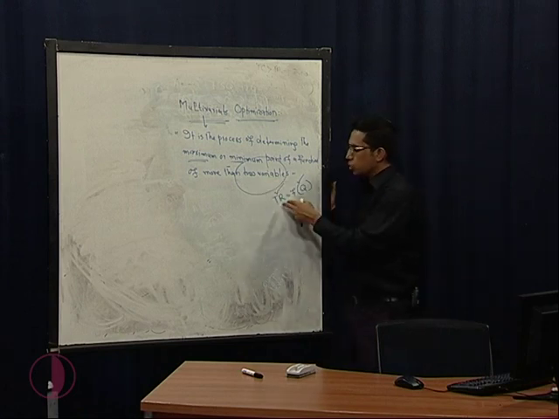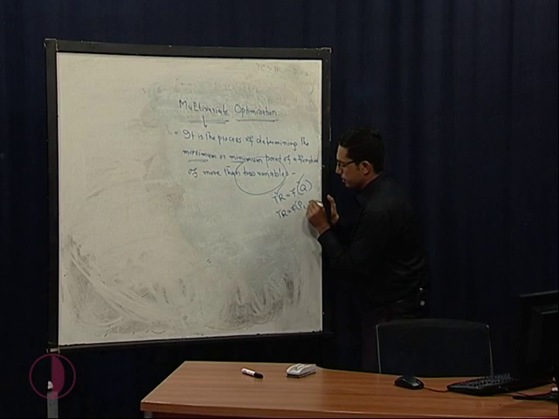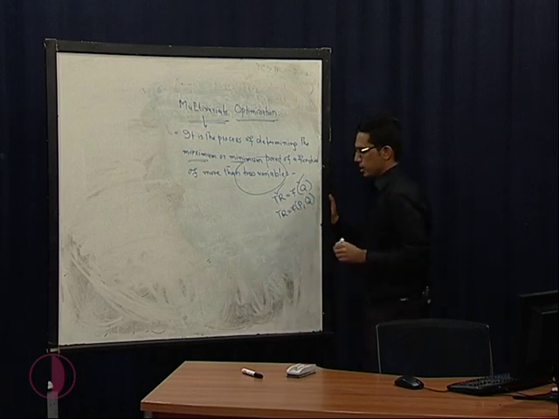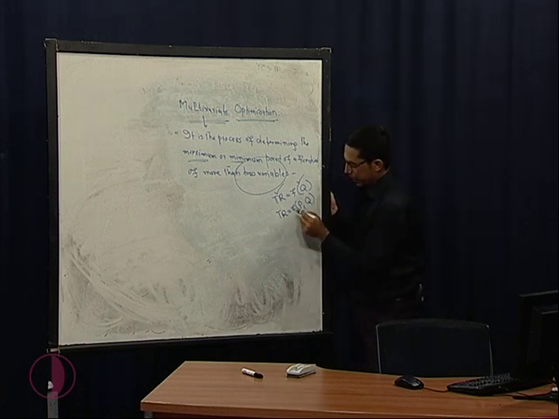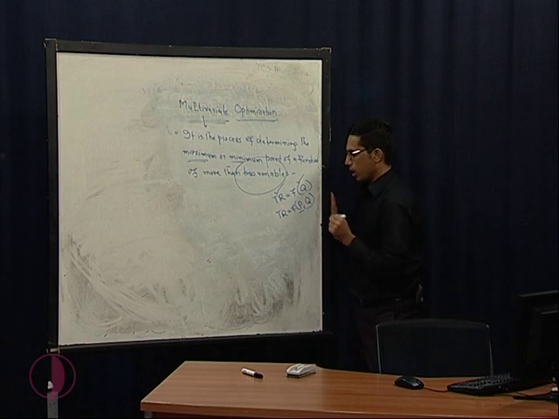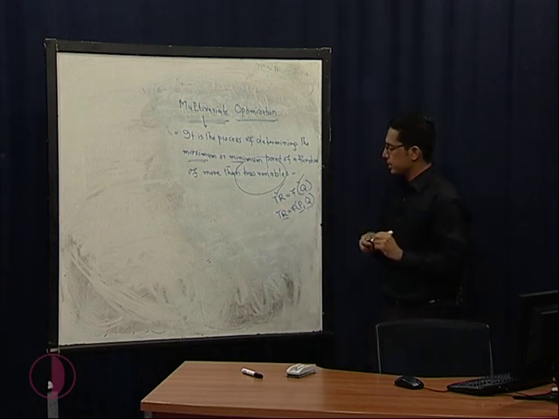For example, in economics, we say that total revenue is the function of price and output. So, it means that we have more than two variables. Price is one variable, output is another variable, and total revenue is the third variable.